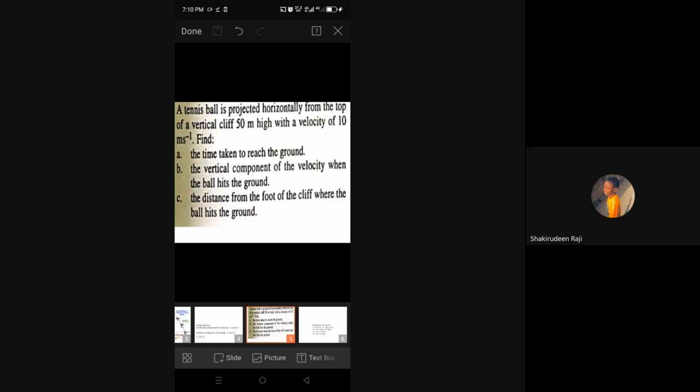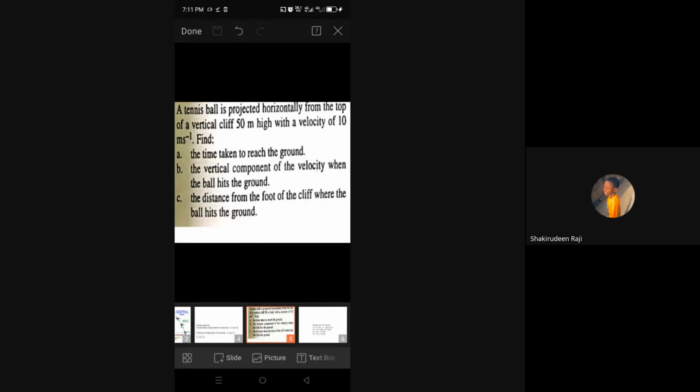U is 10 meters per second. So it's the values there that you need. You don't need to write the whole statement. 50 meters is h, since they say 50 meters high. Velocity of 10 meters per second is u. So you can write h equals 50 meters, u equals 10 meters per second.